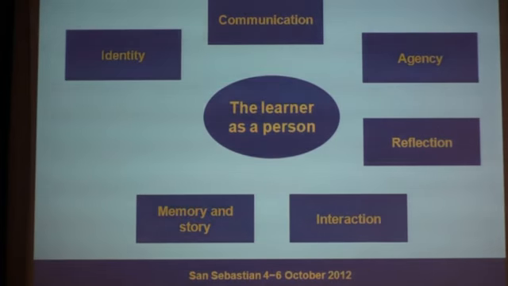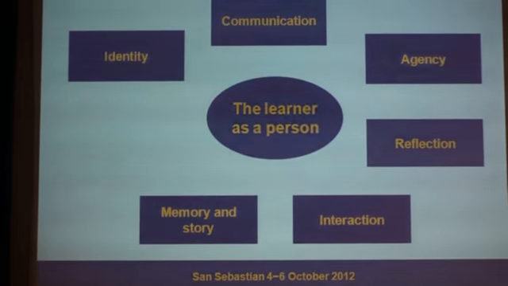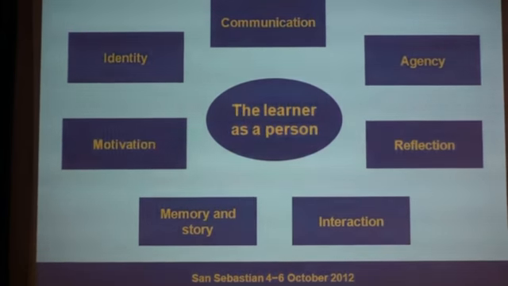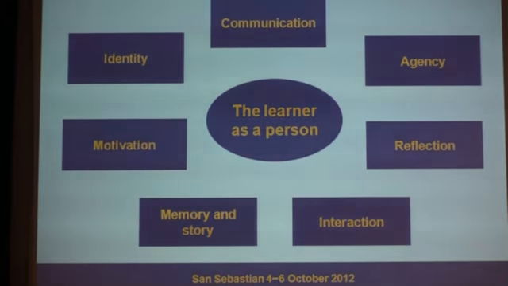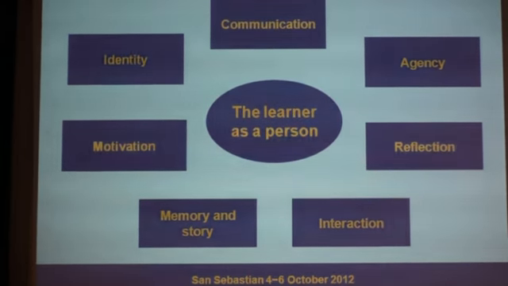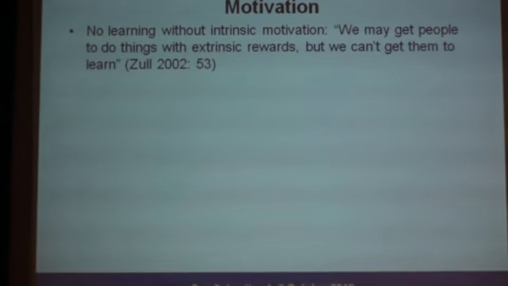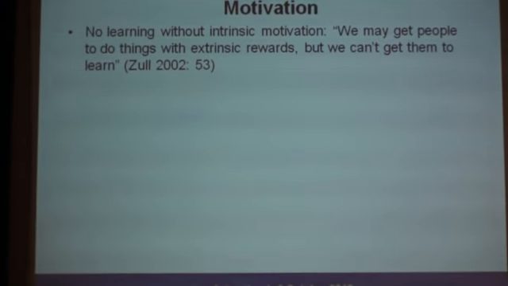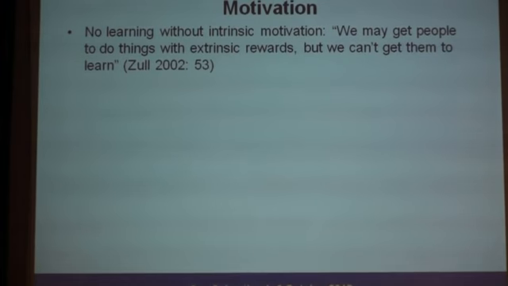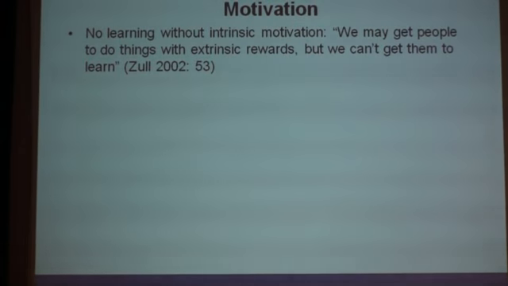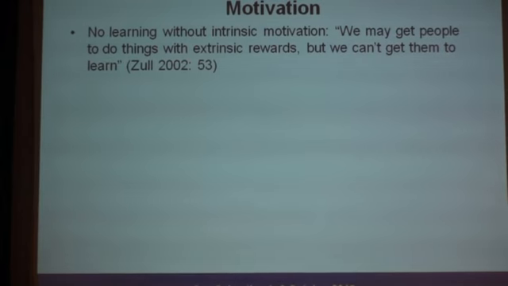So we have identity, communication, agency, reflection, interaction, memory, and story, and I left till last motivation. And I left it till last because for me, it's the least important. You get no learning at all without intrinsic motivation. And Zoll puts it like this, fairly brutally: we may get people to do things with extrinsic rewards, but we can't get them to learn.